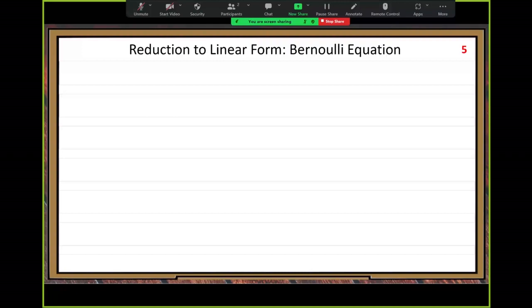The Bernoulli equation, by its definition, is not a linear ODE; it is nonlinear. Because it has a very special structure, we can convert it to linear form easily.